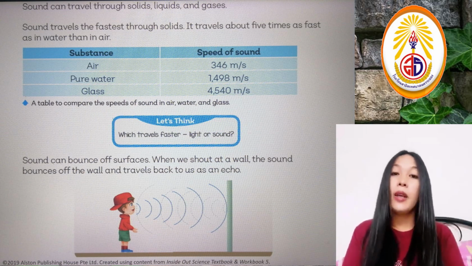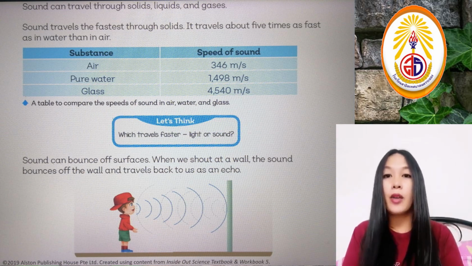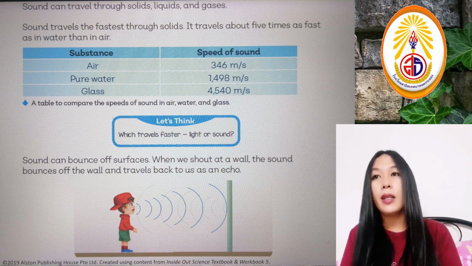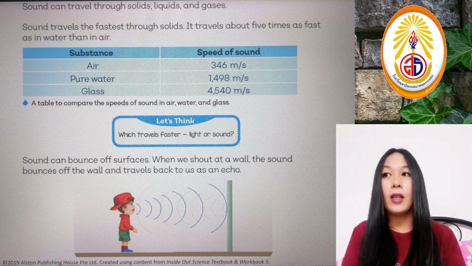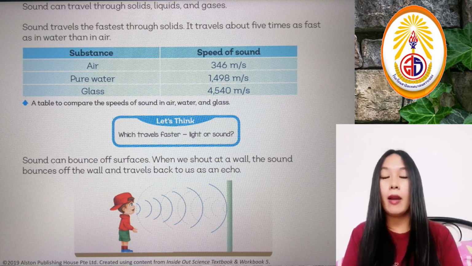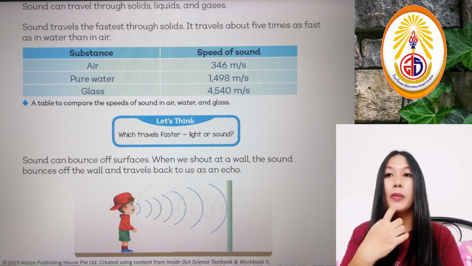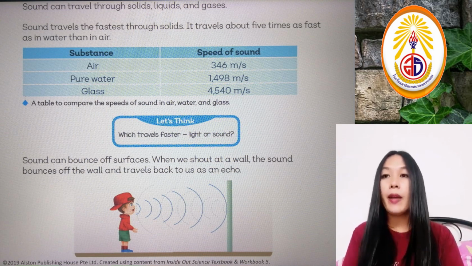So now we have understood that sound can travel through solids, liquids, and gases. Now sound travels the fastest through solids. It travels about 5 times as fast in water as in air. So here we have the speed of sound. In air it travels about 346 meters per second.